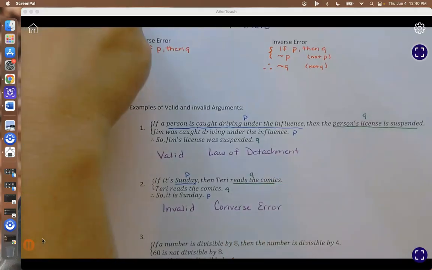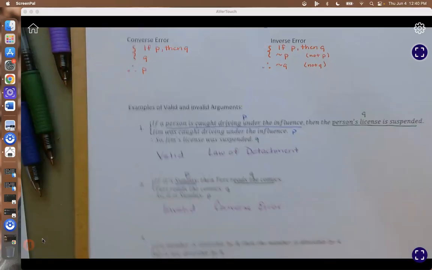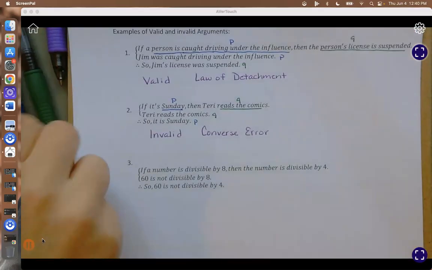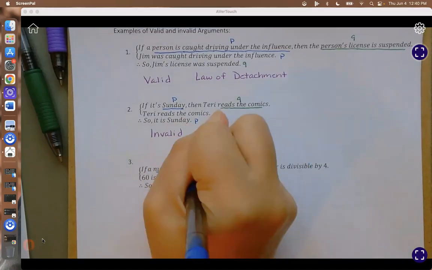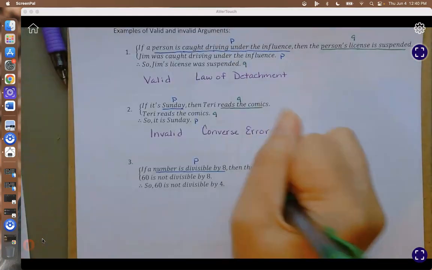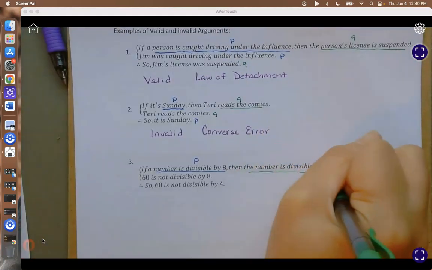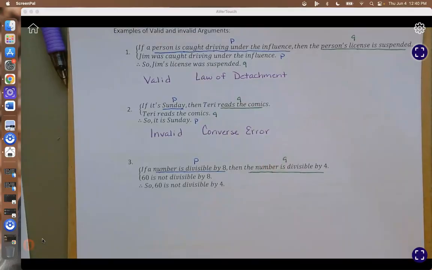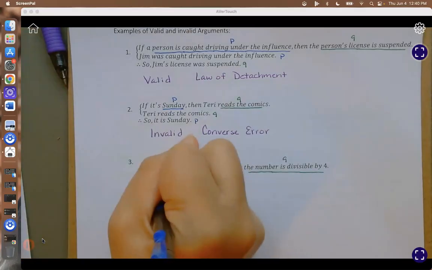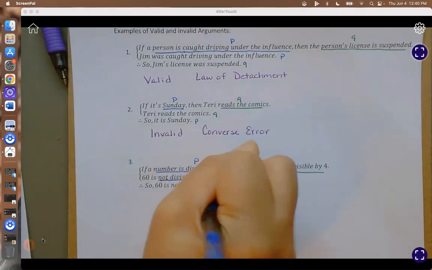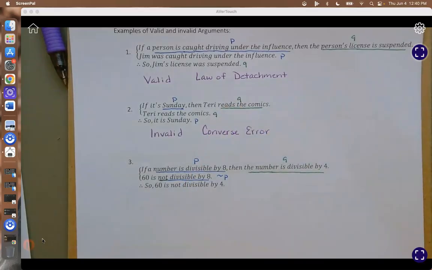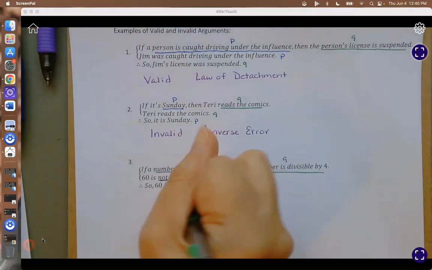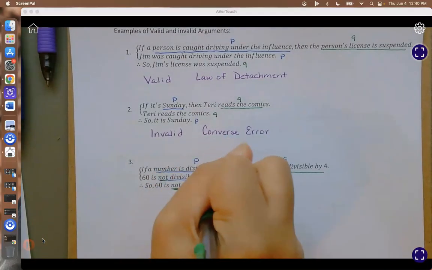All right. These really aren't hard once you memorize the forms. If a number is divisible by 8, that's P. Then the number is divisible by 4, that's Q. It's not divisible by 8, so this is not P. So 60 is not divisible by 4.